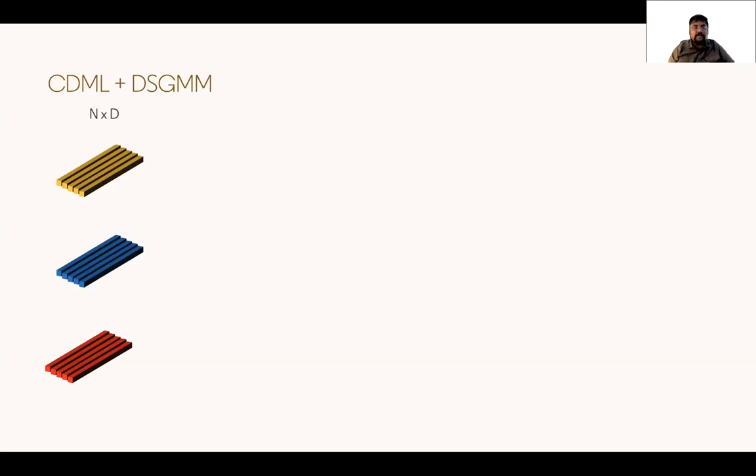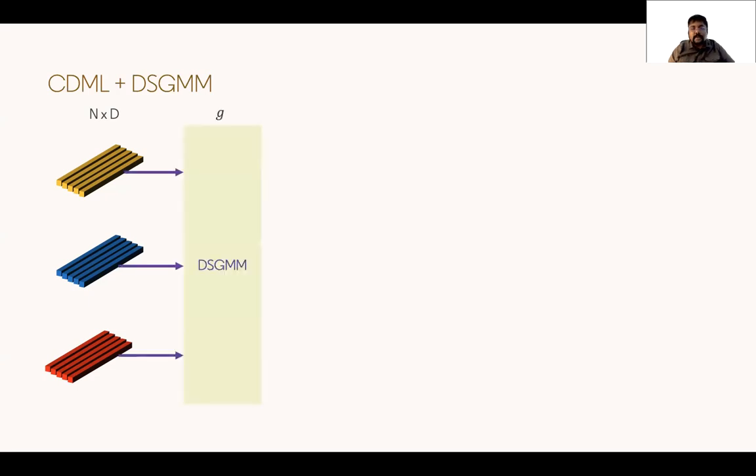This is a depiction of how we can do triplet training using CDML plus DSCMM. Here we have the anchor, positive and negative, stacked vertically. For every video, we have n frames, and each video's frames are of d dimensions. For example, this D can be 2048, where you get this embedding from a pre-trained Inception v3 network. We can sample n frames per video to make sure we have the same number of frames across all the videos.